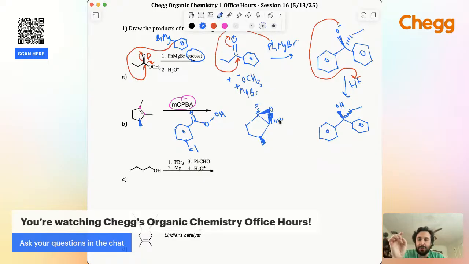If you have the methyls on the wedge and the oxygen on the dash, that would be a different molecule. And so you would certainly have a mixture of stereoisomers. You might be able to favor one over the other due to sterics, but you would certainly have a mixture. But in this case, we're not worried about that, because we have not generated a chiral product, so that's the only one there is.